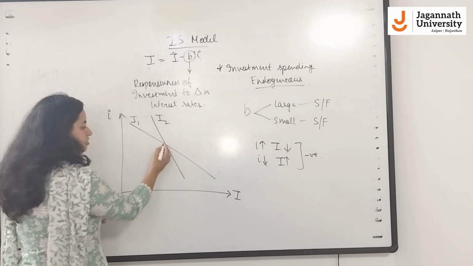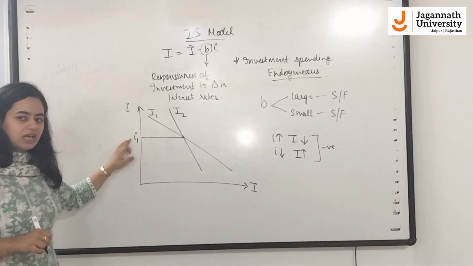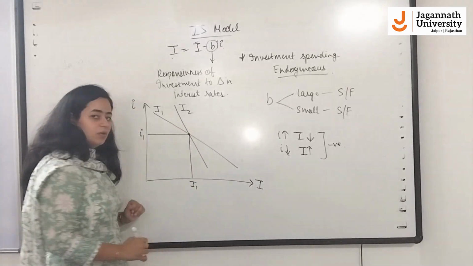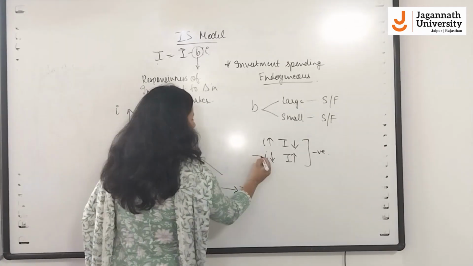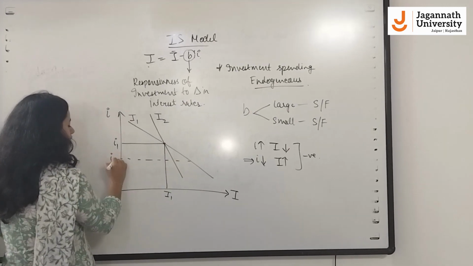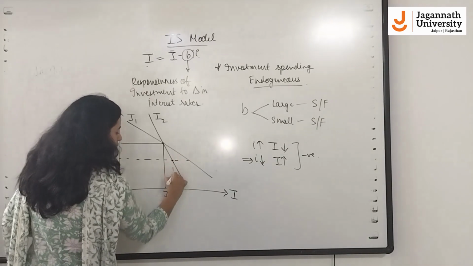To understand the change, let me take this initial interest rate, which gives me this level of investment. Now let us suppose that the interest rate falls. When the interest rate falls, we can see its impact on both the curves.